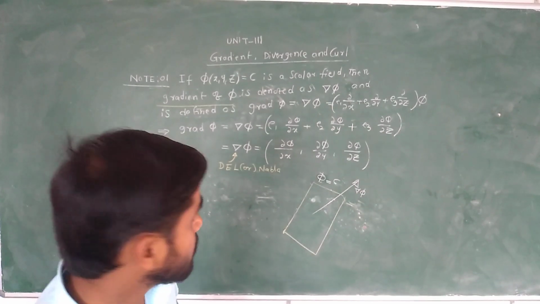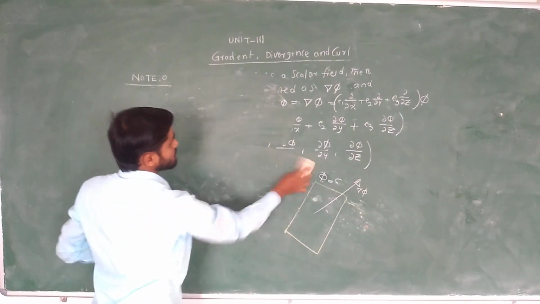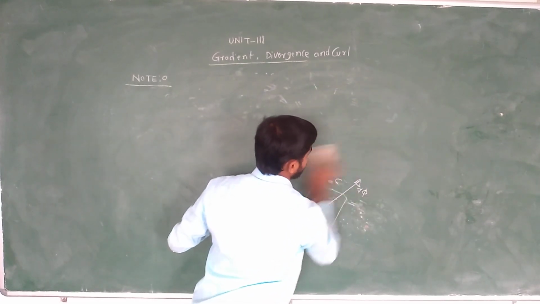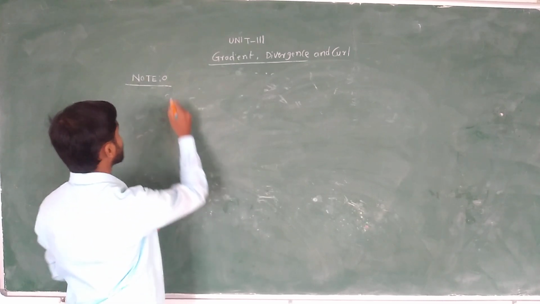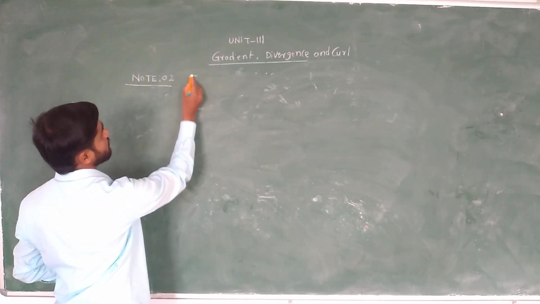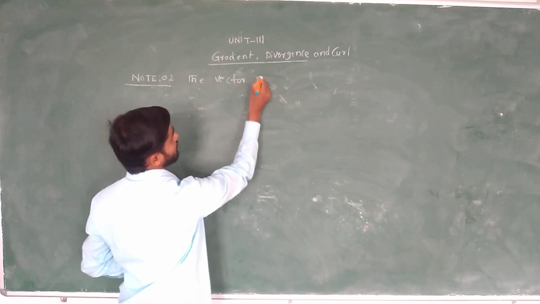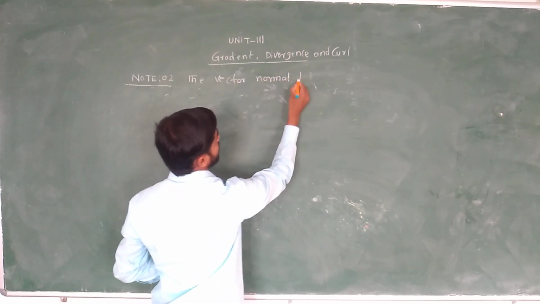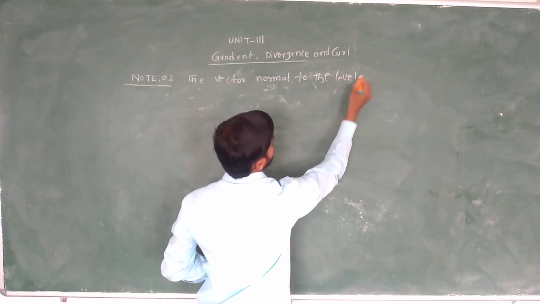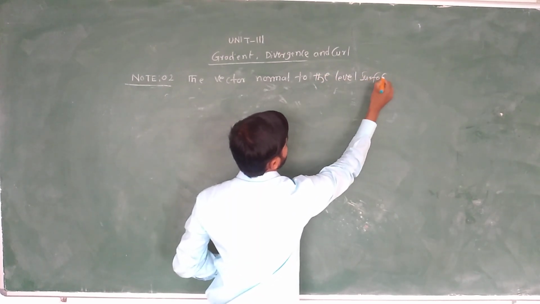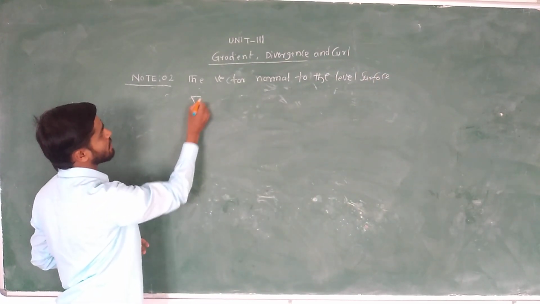Now next we will see the second notice point quickly. Second notice point is this one: the vector normal to the level surface can be found by simply computing del f.